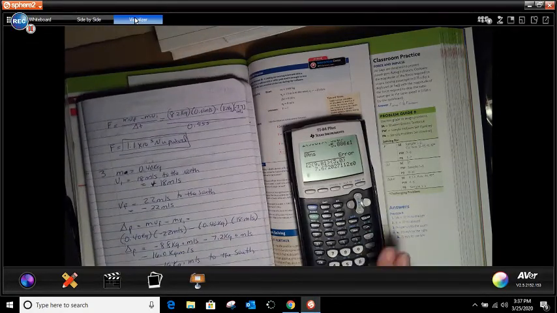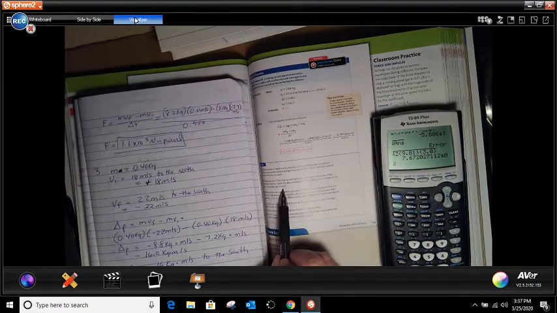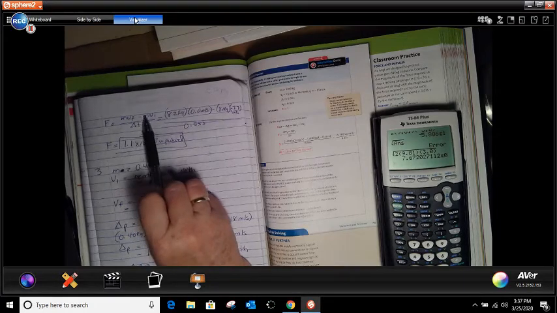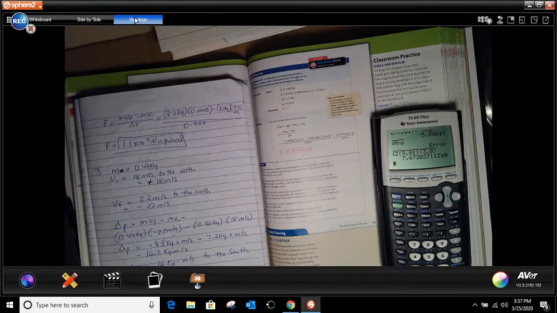Now we're trying to find the net force on the diver brought to rest. So we're going to do mass times final velocity minus mass times initial velocity over the change in time, and plug that into our calculator so that we can actually see it.